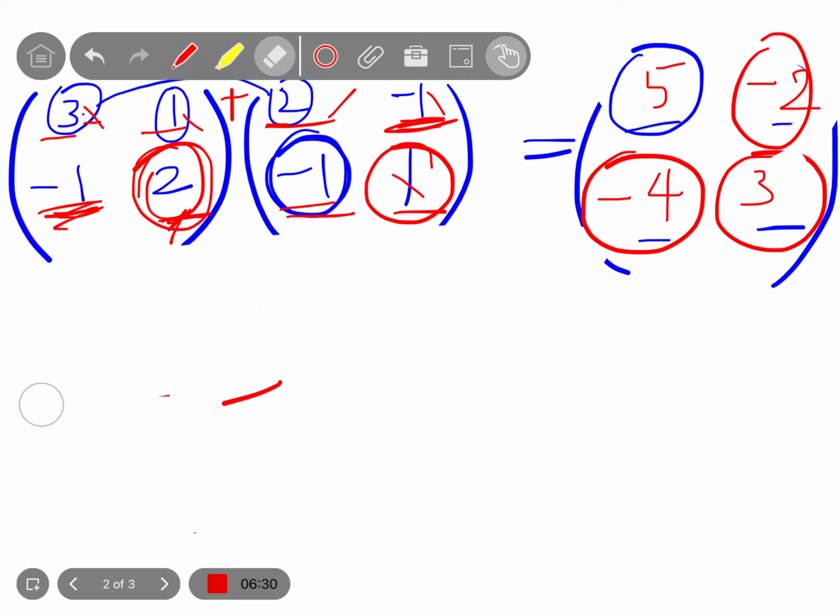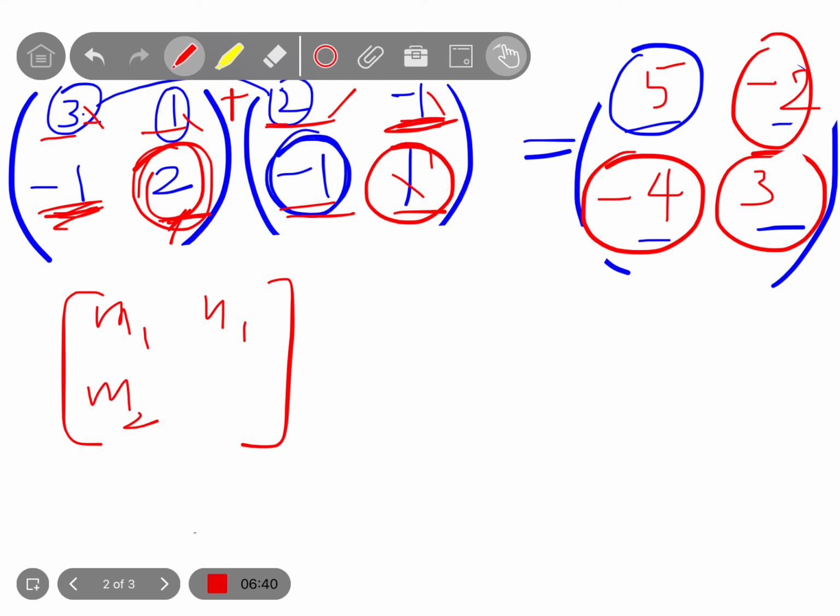Multiplication is a little complex but pretty easy if you just practice it. Let's say you have m1 n1 m2 n2 and k1 l1 k2 l2.